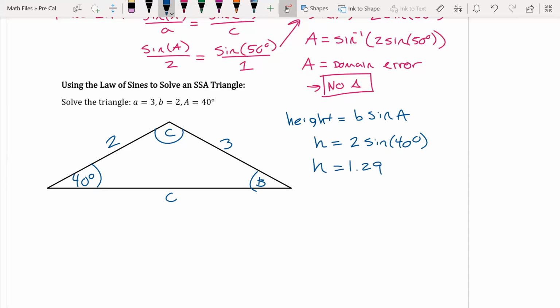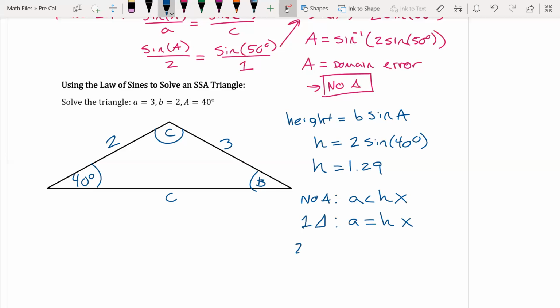Okay, so running down the cases, we'll have no triangle if A is less than the height. Is side A less than 1.29? No. And then we'll have one right triangle if side A is equal to the height. Are those equivalent? Nope.